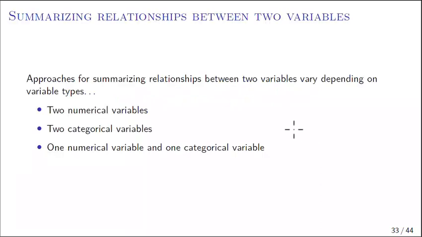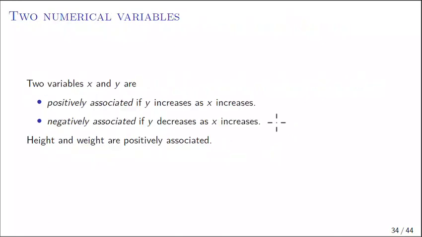Here we have 3 cases: 2 numerical variables, 2 categorical variables, and 1 numerical and 1 categorical variable. First, if both variables are numerical, we are more interested in the relationship, other than the single variable's center and spread.